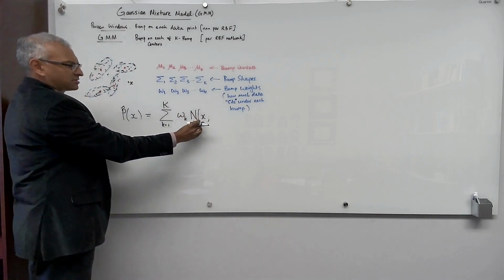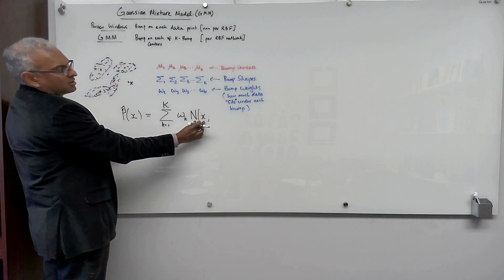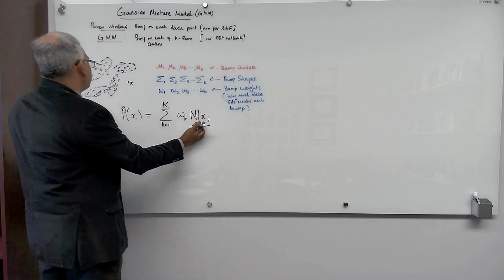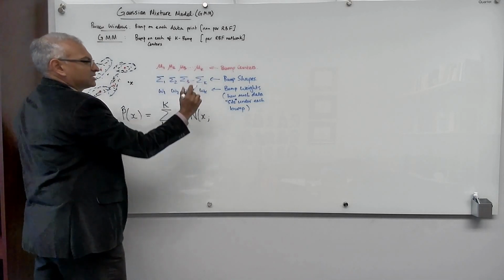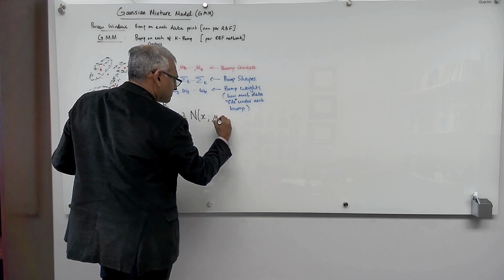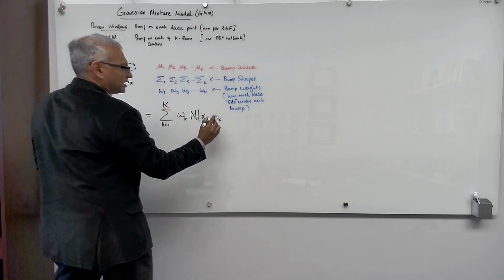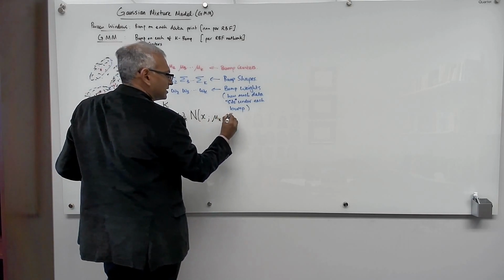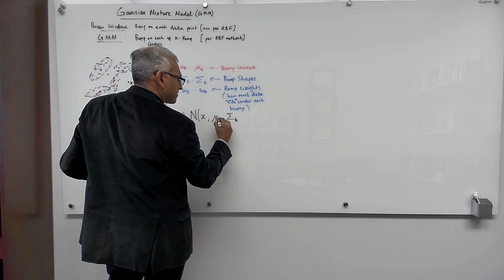This density for a bump, n of x, will typically depend on the bump center mu k, and on its shape, sigma k.